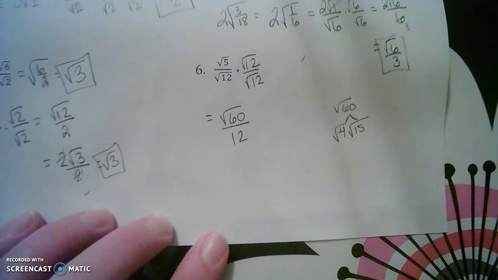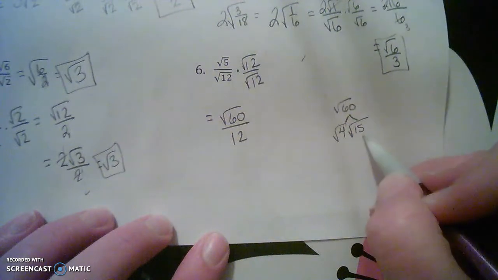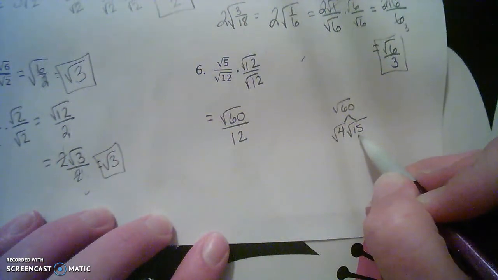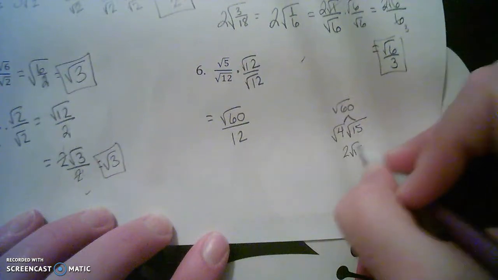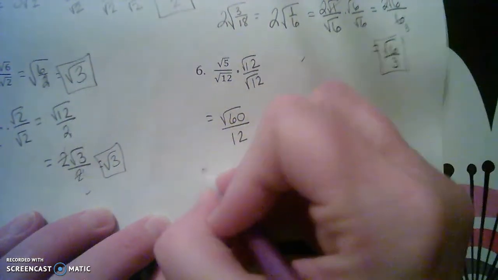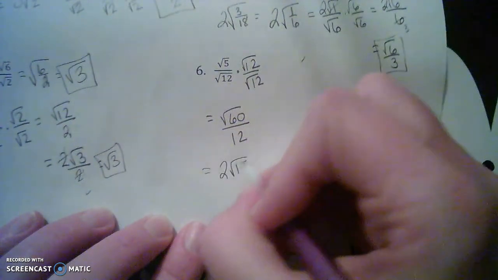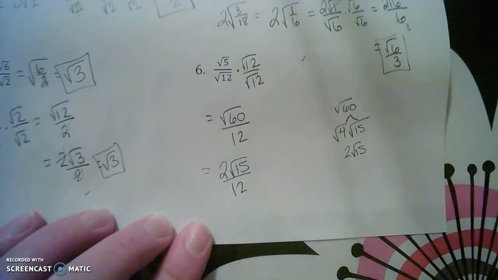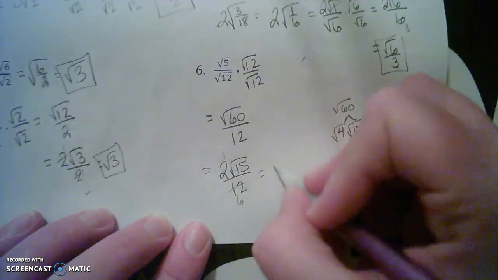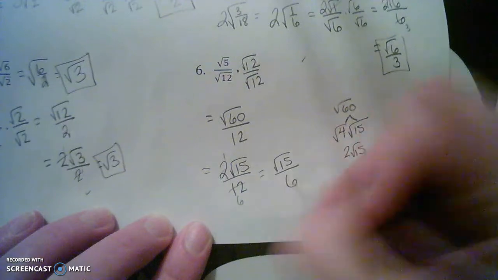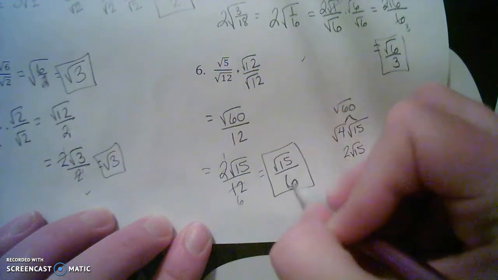Square root, square root. Again, you know you're done simplifying. The only thing that goes into 15 are 5 and 3. Neither one of those are perfect squares. So 2 square root of 15. So this is 2 square root of 15 all over 12. So 2 becomes a 1, 12 becomes a 6. Square root of 15 over 6 is our final answer.